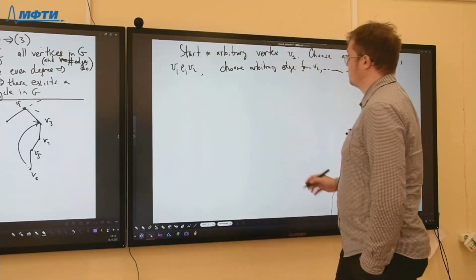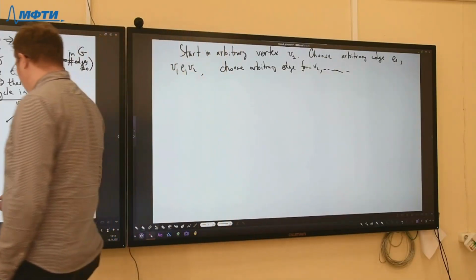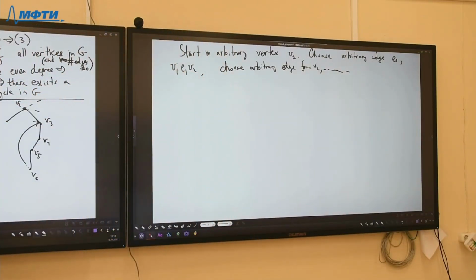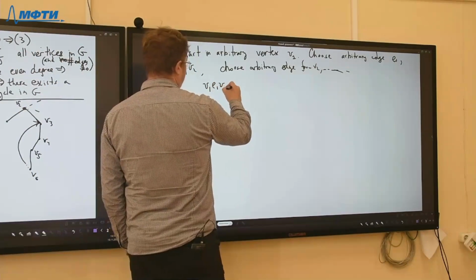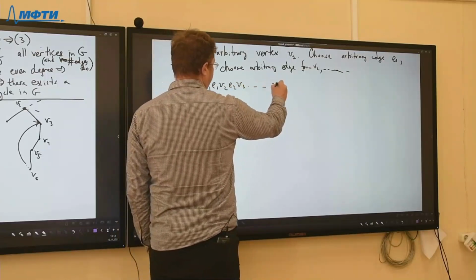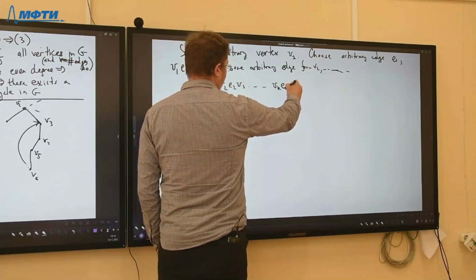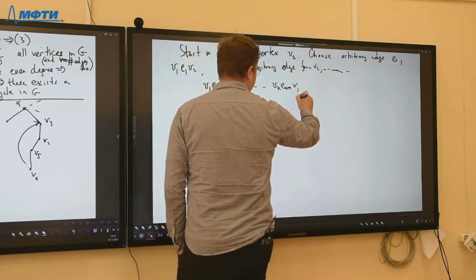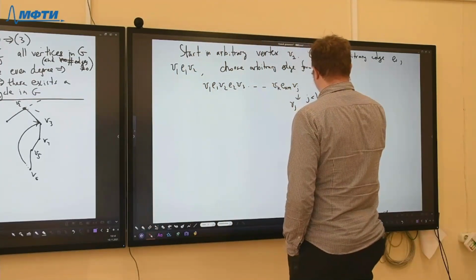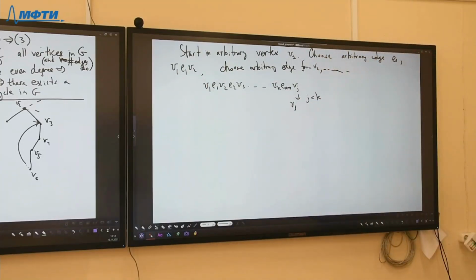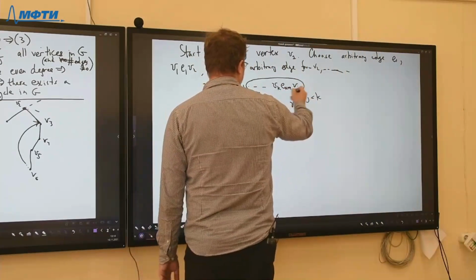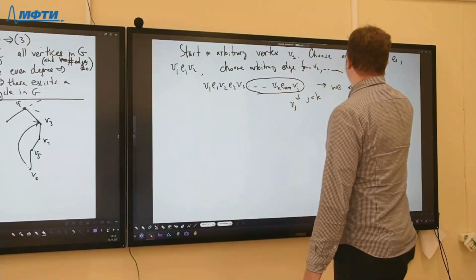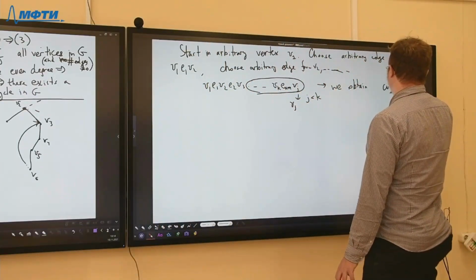On each step we can continue because all vertices have even degrees, which means they are at least 2. Then sometimes we will have V1, E1, V2, V3, and so on, Vk, E(k+1), and Vj, where j is strictly less than k. So we meet one of our previous vertices, and we have a cycle. We obtain a cycle.